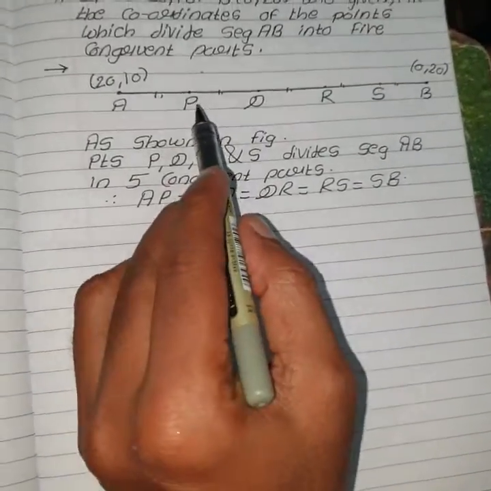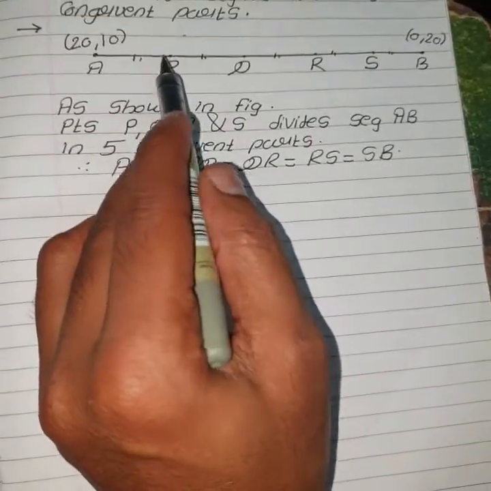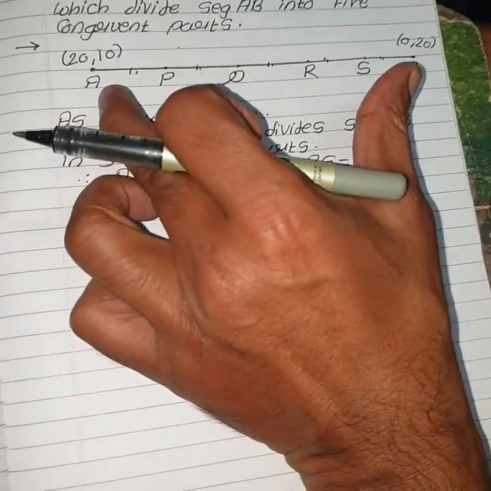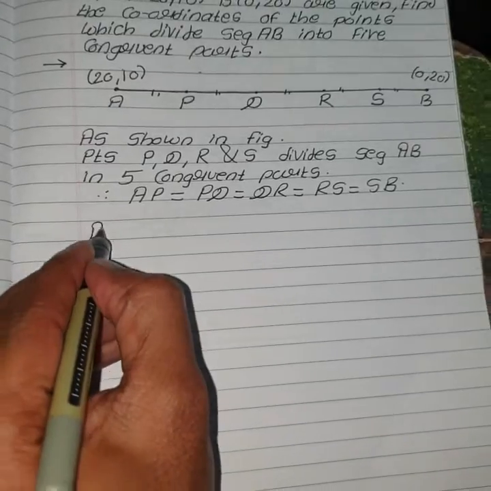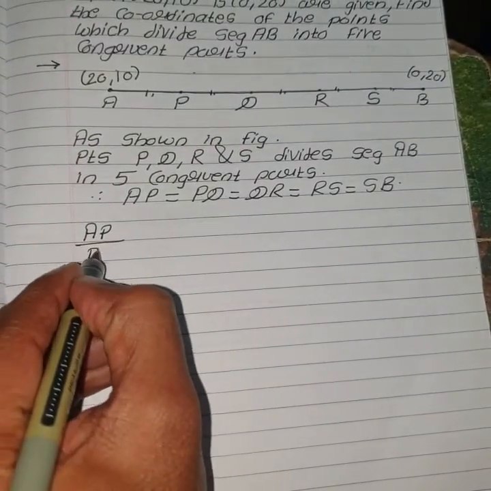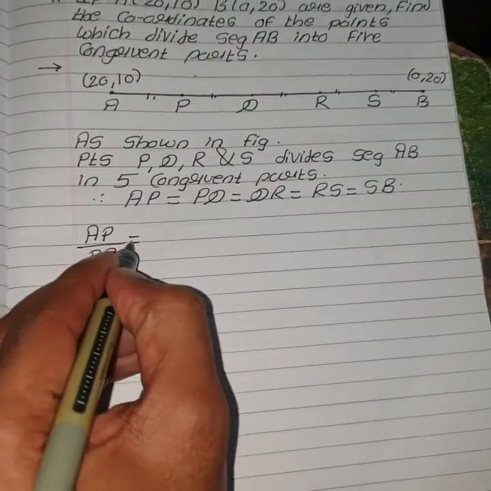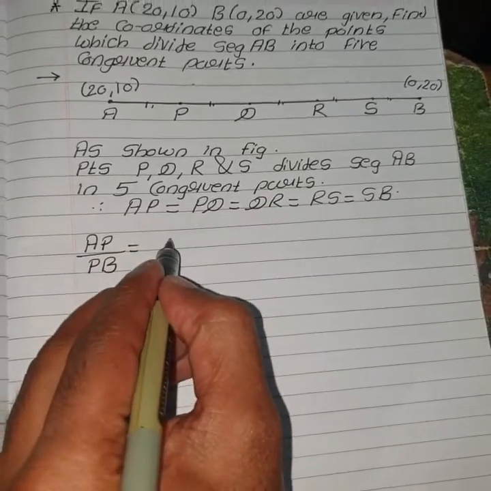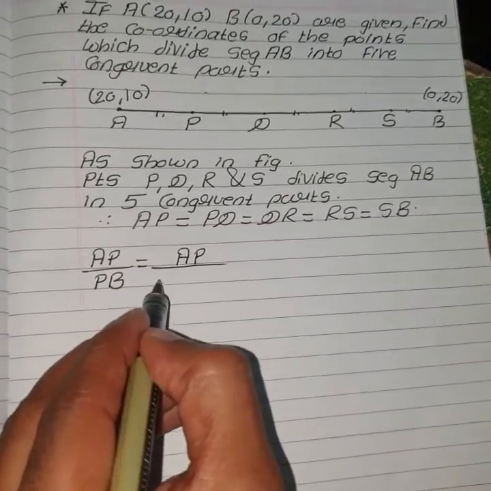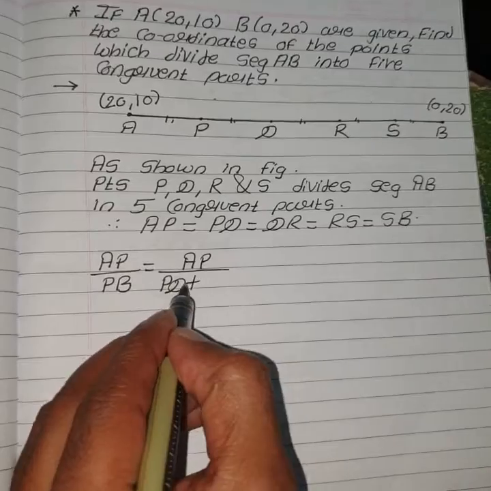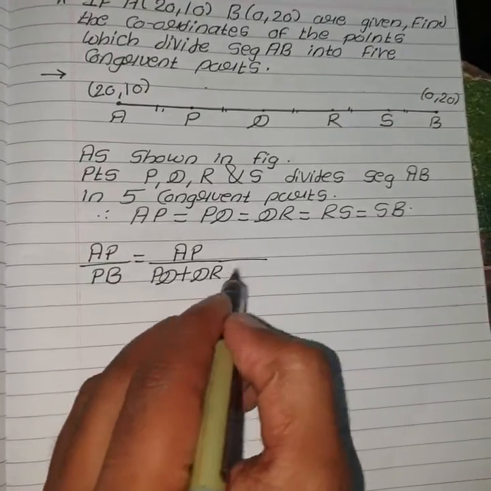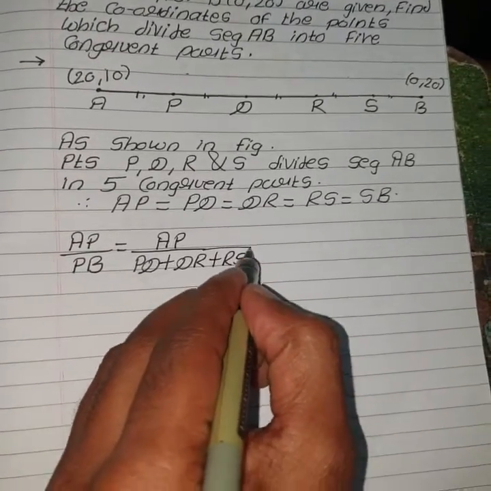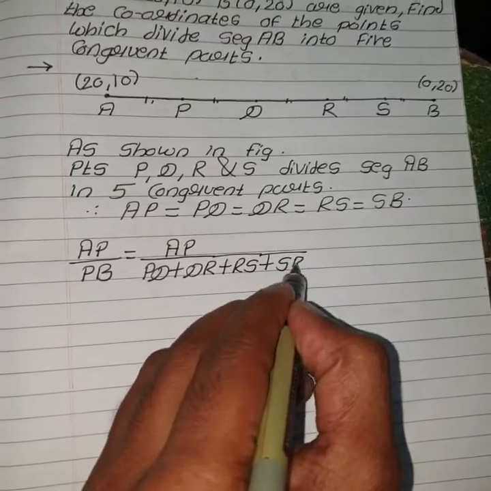Now let's first find out point P. Suppose we consider two parts of segment AB as AP and PB. What is PB? PB is PQ plus QR plus RS plus SB.